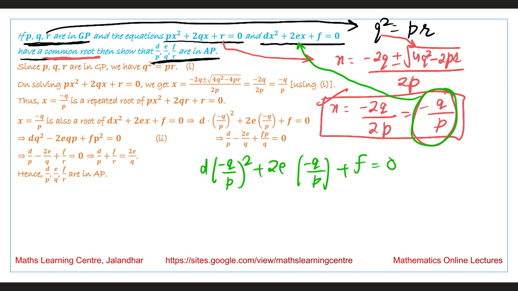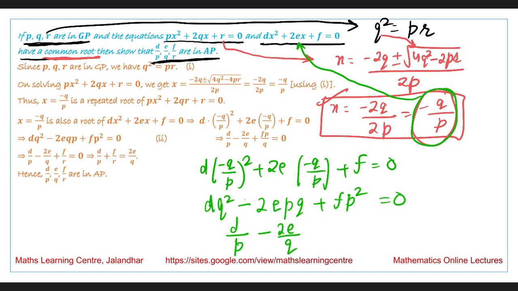Now if we simplify this, we obtain dq square minus 2epq plus fp square is equal to 0. So this implies that we divide it by q square and p. So we get d by p minus 2e by q plus fp by q is equal to 0.